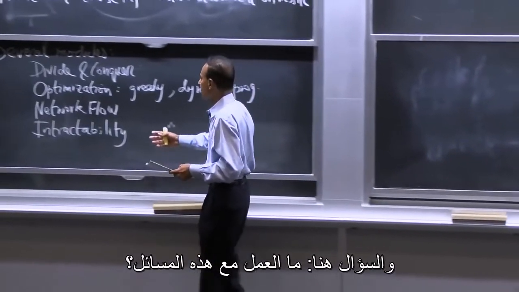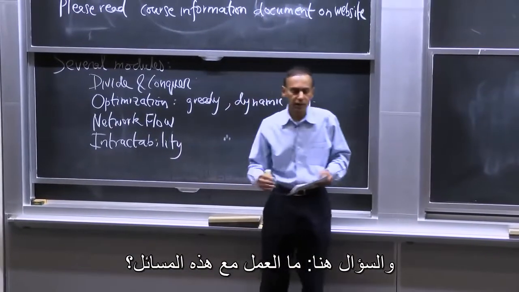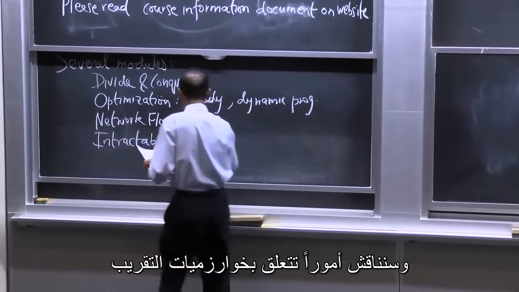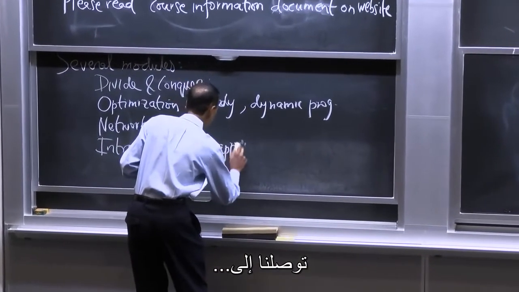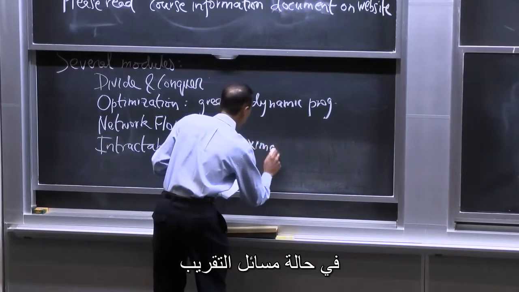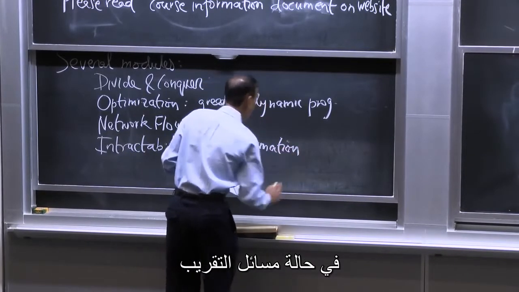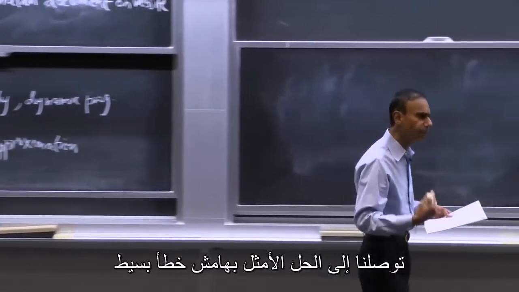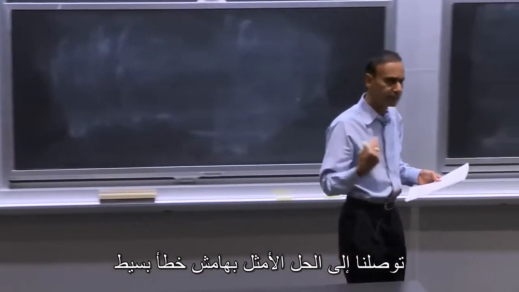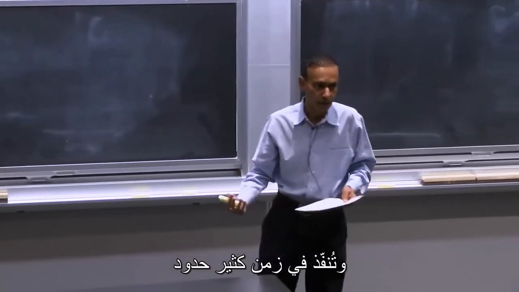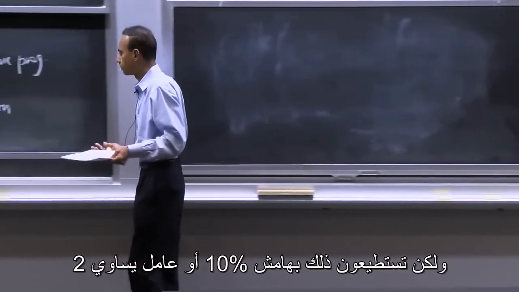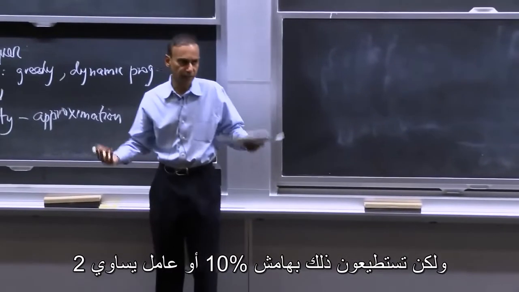And so the question is, what happens for those problems? We'll look at things like approximation algorithms that can get us, in the case of optimization problems, to within a certain fraction of optimal, guaranteed, and run in polynomial time. So you can't get the absolute best, but you can get within 10%, or within a factor of 2.